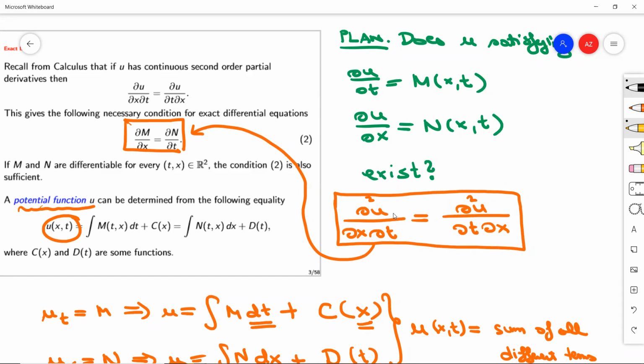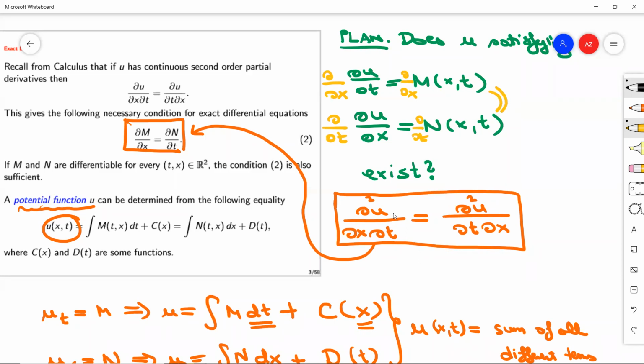which means that if we take the derivative also with respect to x, this is the same as taking the derivative of m with respect to x. And if we take the derivative with respect to t, this is the same as taking the derivative with respect to t of n. And this means that those two must be equal.